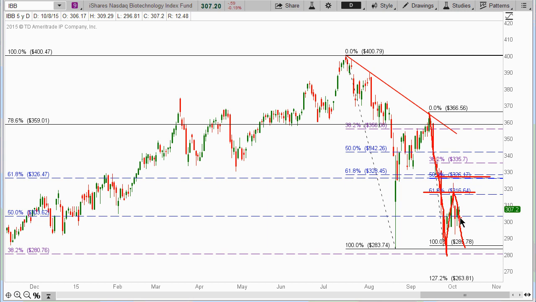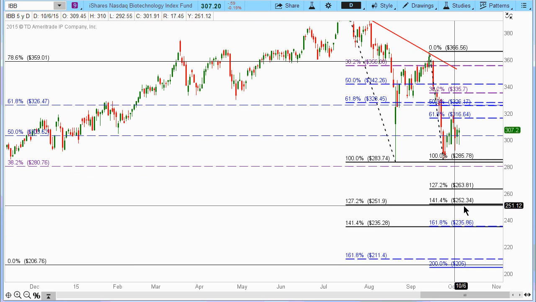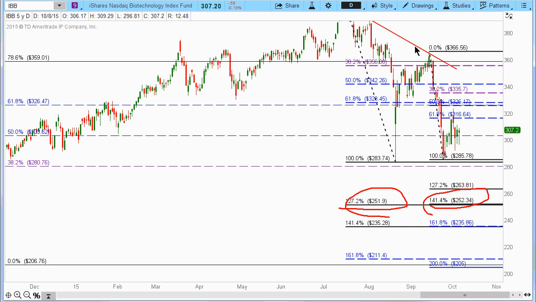So if we chop around here and then come down, we're still looking at 263, 252. This 252 is in confluence with this 251, this bigger H swing breakdown.